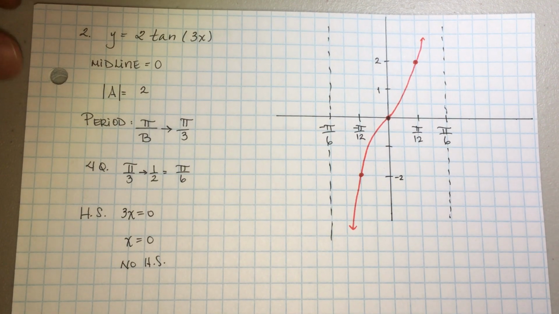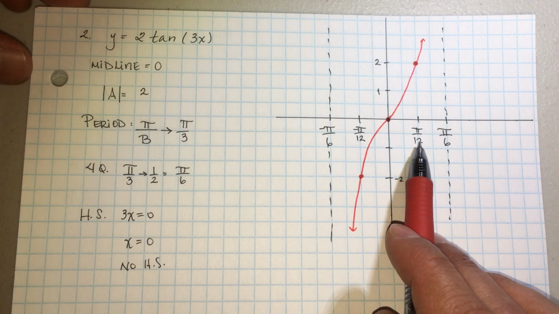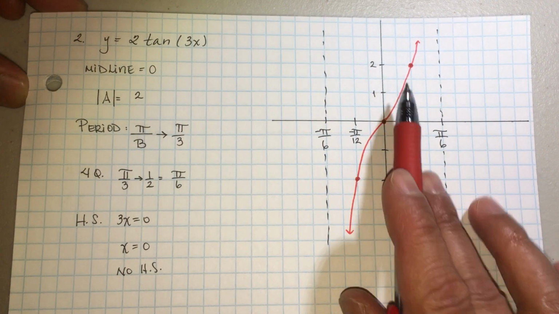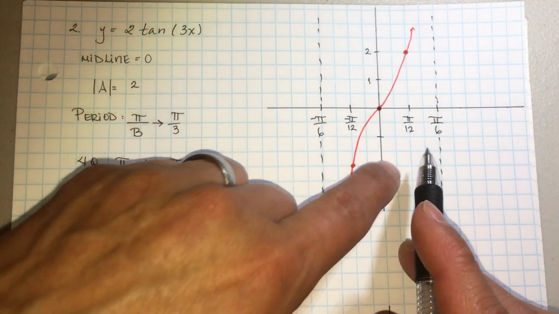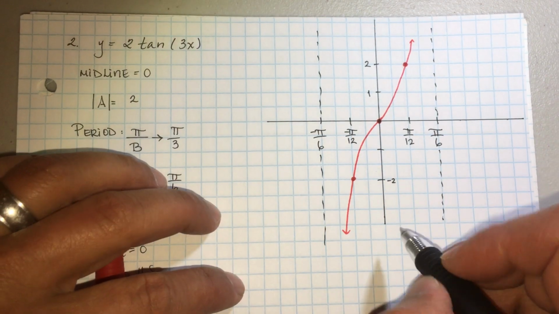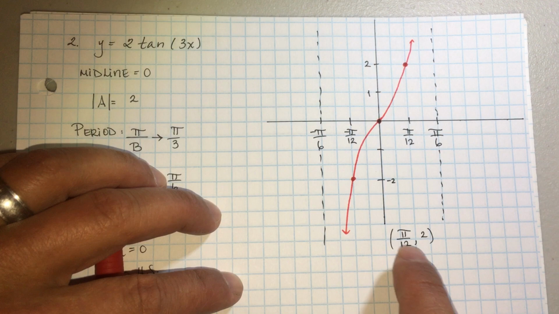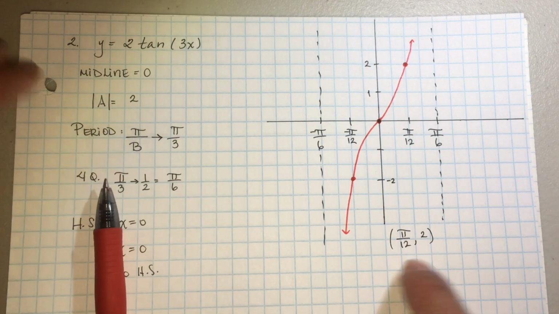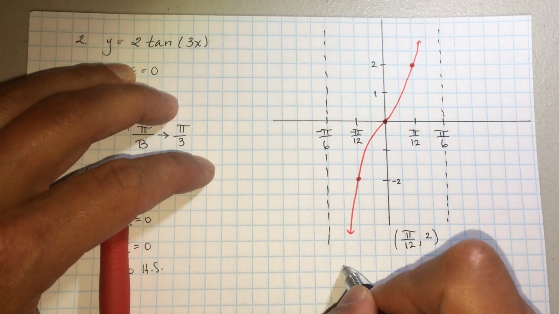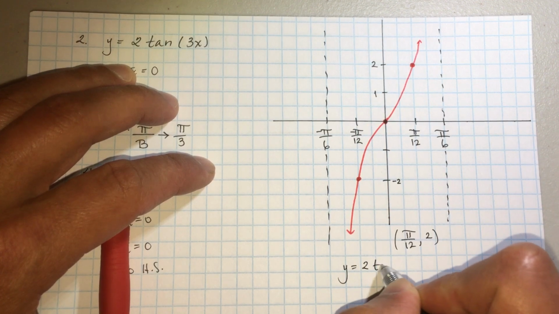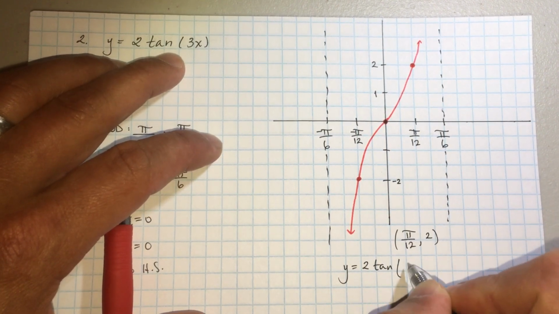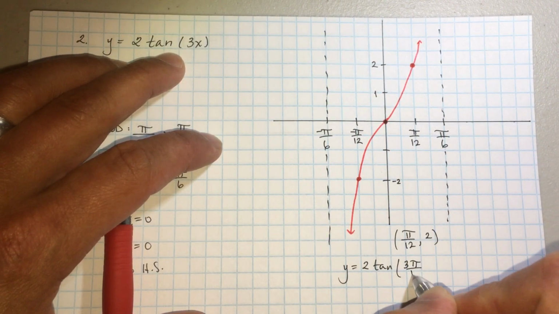Okay, and you can go ahead and verify, just like we did with sine and cosine. When I plug in pi over 12, I should get a 2. So this point here is pi over 12 comma 2. That means when I put pi over 12 into the x, I should get 2. Okay, so let's figure that out. Let's see, 2 times tangent of 3 times pi over 12.